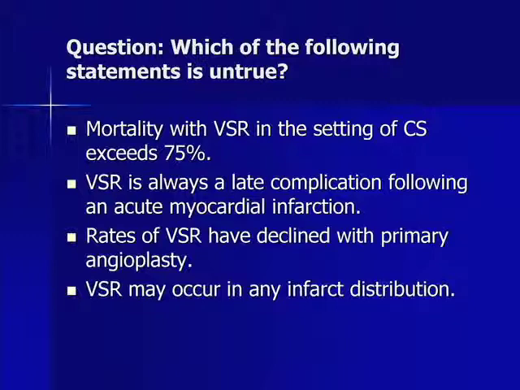Mortality with ventricular septal rupture exceeds 75%. It is always a late complication following an acute myocardial infarction. Rates of ventricular septal rupture have declined with primary angioplasty. Ventricular septal rupture can occur in any infarct distribution, anterior and inferior.